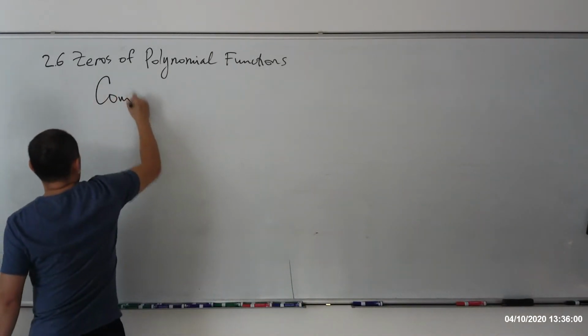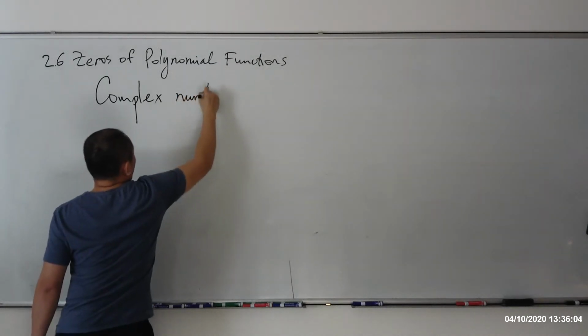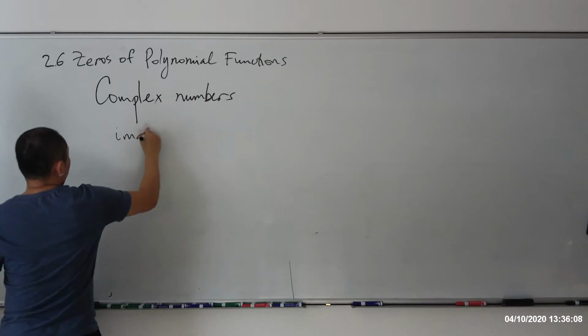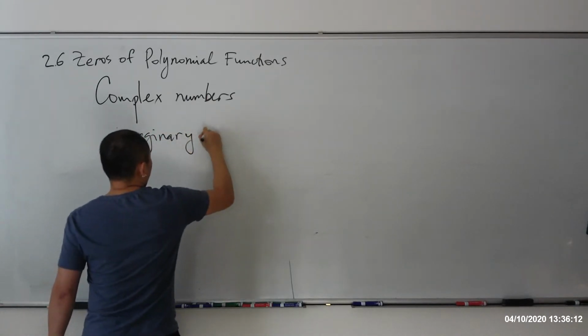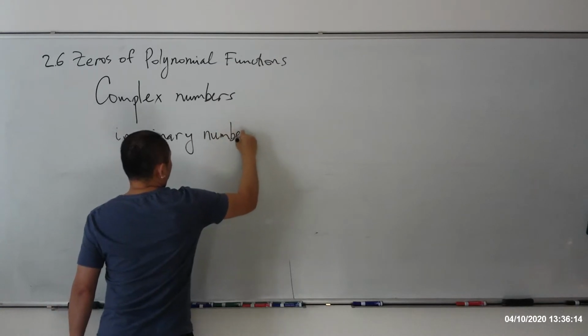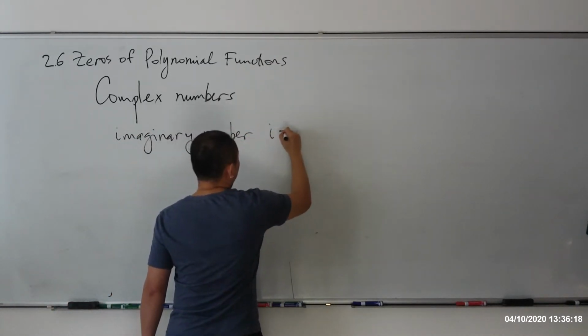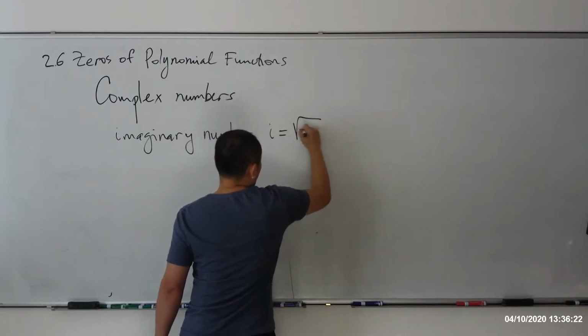Complex numbers. We start with something called the imaginary number. We denote it by the letter i. With this definition, i is equal to the square root of -1.